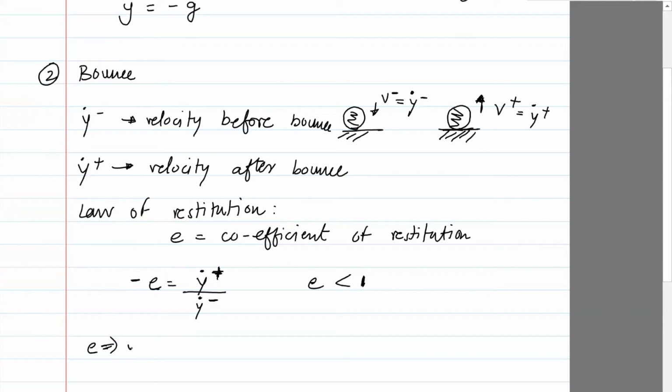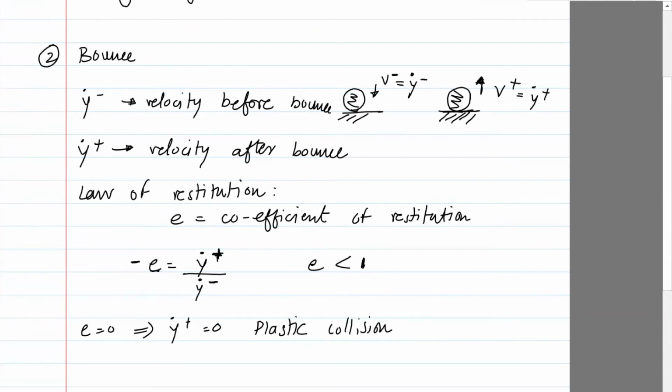So E equals 0 implies y dot positive is equal to 0. This is a plastic collision. If E equals 1, y dot positive is equal to minus y dot negative, which is just saying that it's a purely elastic collision.